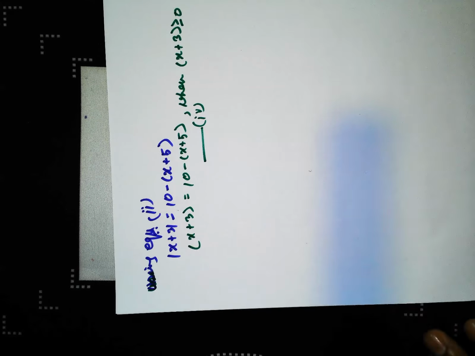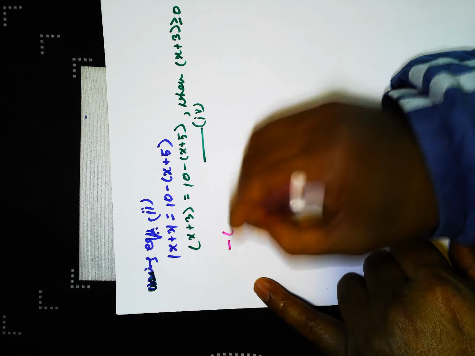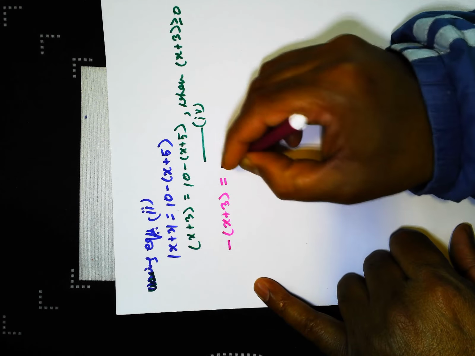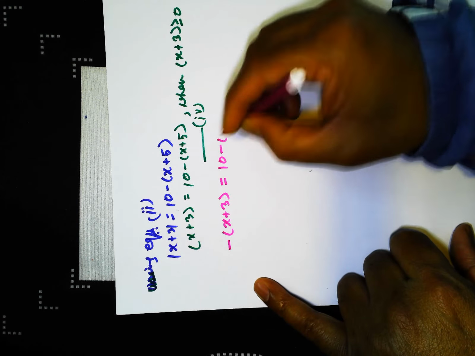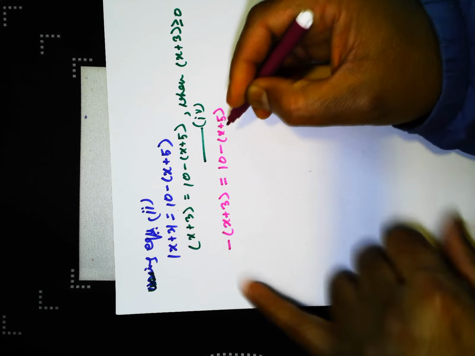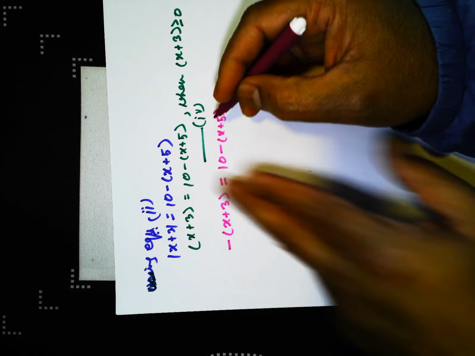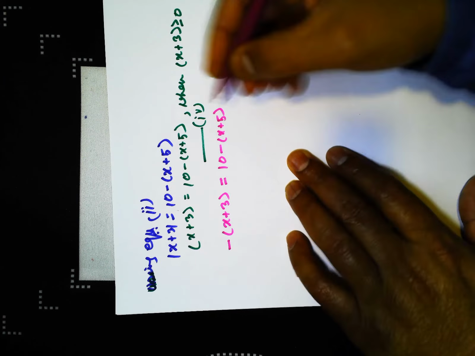Now one fact is ready. Now we can have another fact also, like it is plus. Now we shall take here minus x plus 3 equals to 10 minus x plus 5. I am working for the left side only because I have already done the work for the right side.